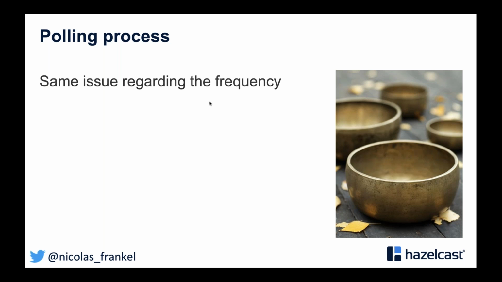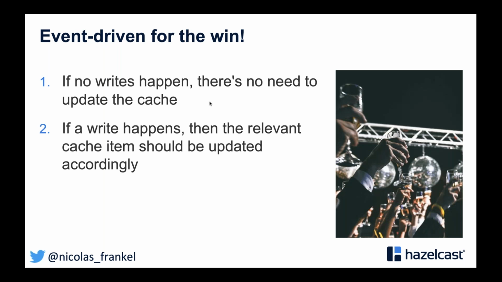So the only solution is to change our point of view and to start seeing the world through the filter of events. So let's be event-driven. And event-driven fits our use case perfectly, because in that case, if no writes happen, then we don't need to do anything. And as soon as a write happens, then we will update the relevant cache item.